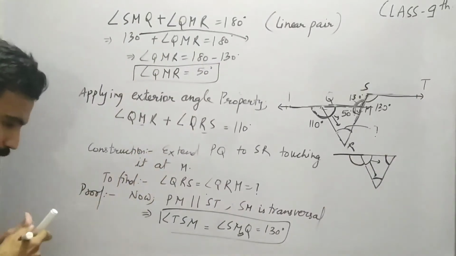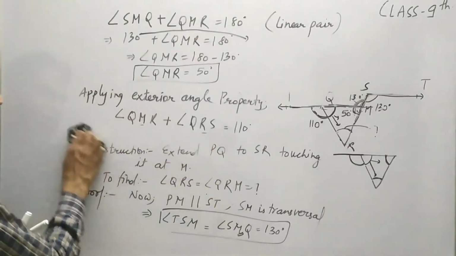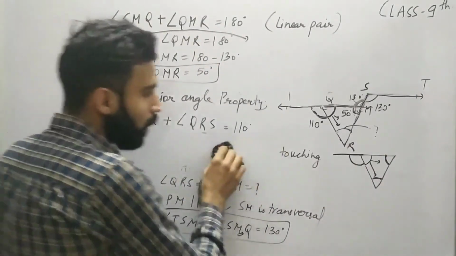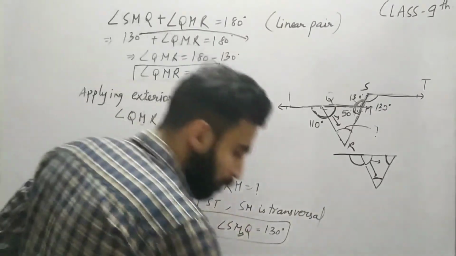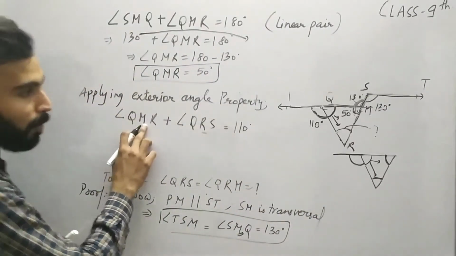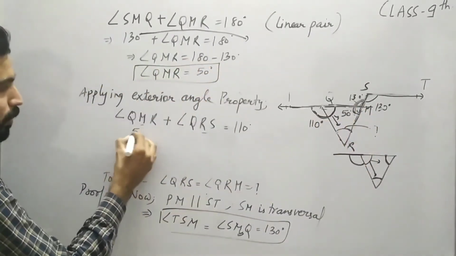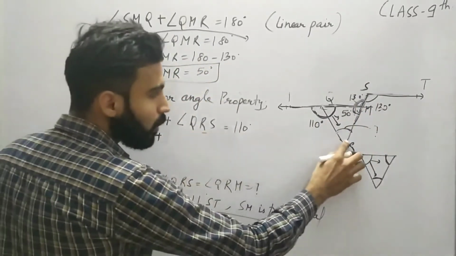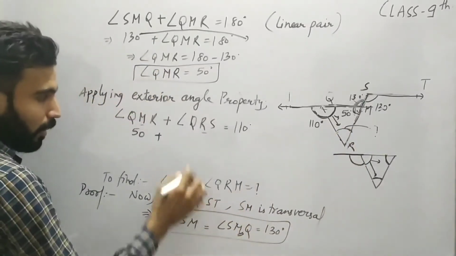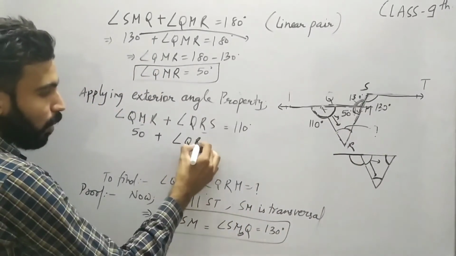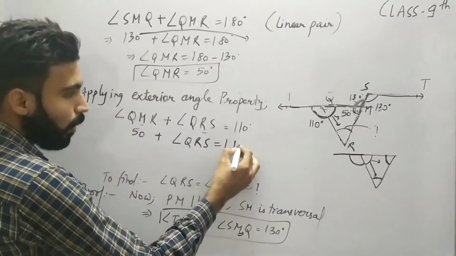Now what I'm going to do is simply put the values of them. So let me rub and make some space here. So what is angle QMR? Angle QMR is 50 degrees, so let me place it. And angle QRS is what we have to find out here. You can see here, angle QRS equals 110 minus 50.